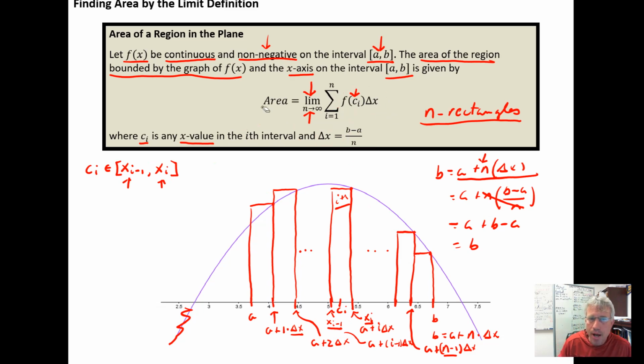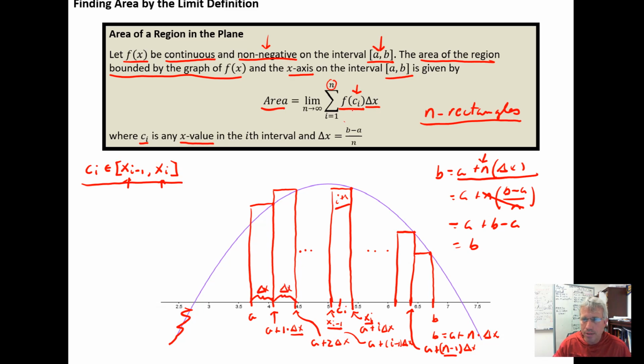So bottom line is to get the exact area under the curve, we break the interval from A to B up into n rectangles. We then take the sum from i equals 1 to n of f of c sub i, where c sub i is any number on the ith interval on the x-axis. We multiply it by delta x, because delta x represents the width of each rectangle.